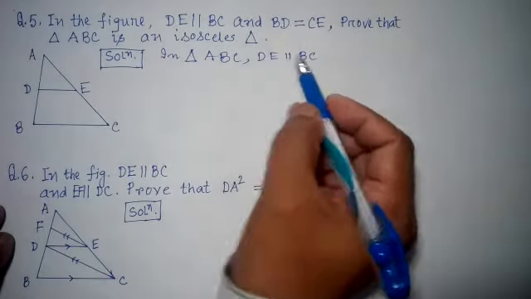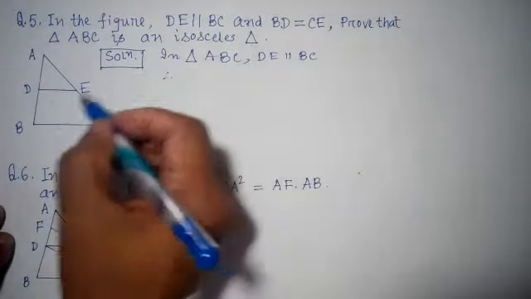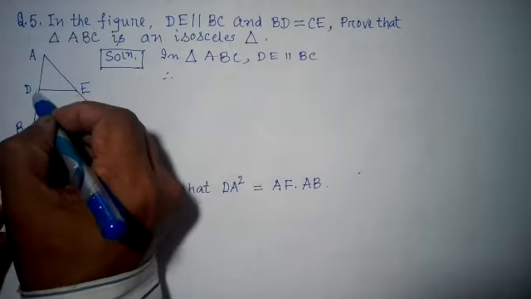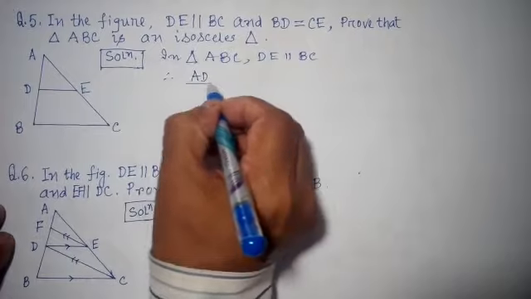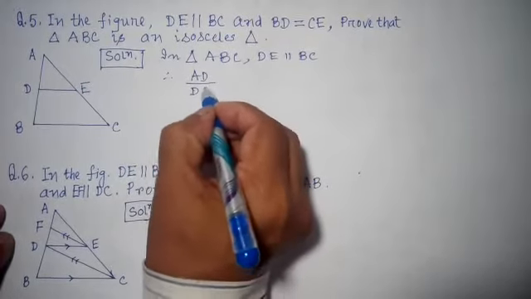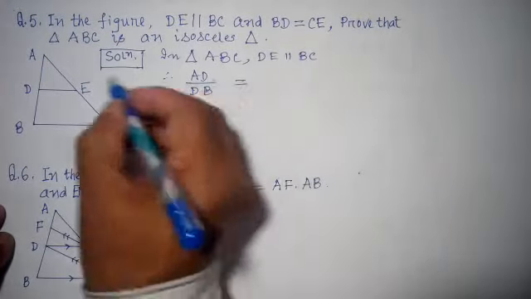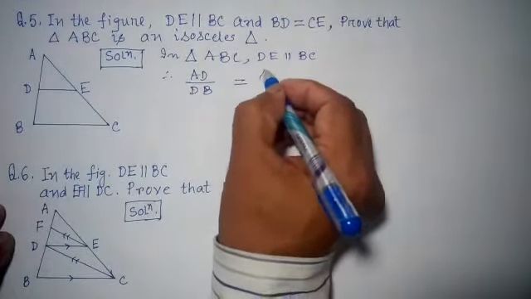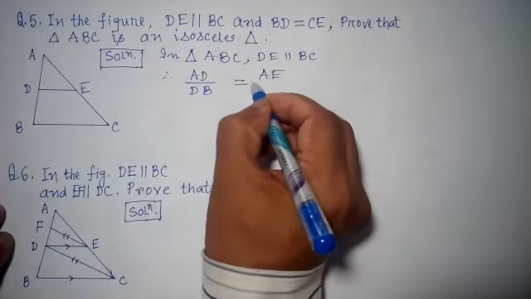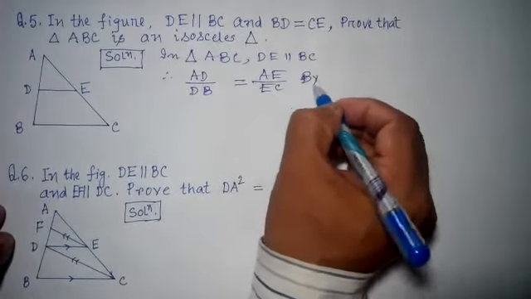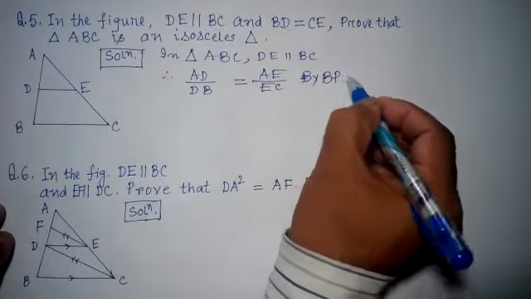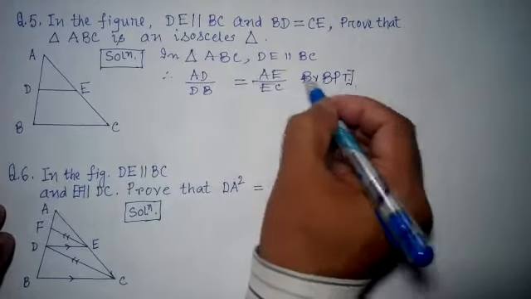So if this is parallel, then what will happen? According to BPT, AD by DB is equal to AE by EC. This is by BPT, by basic proportional theorem.